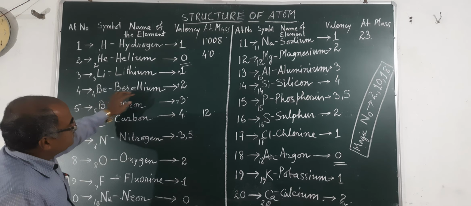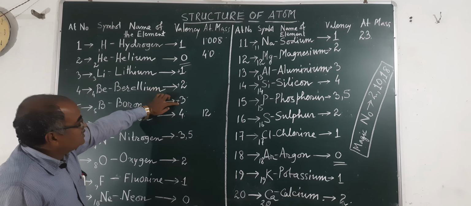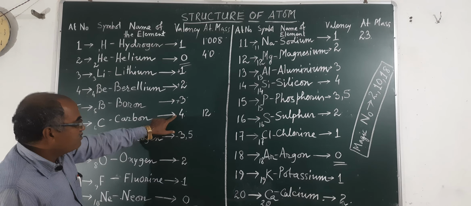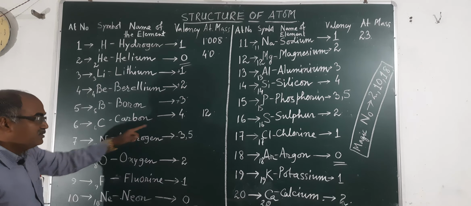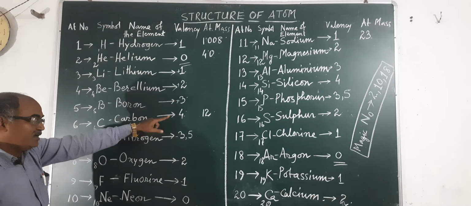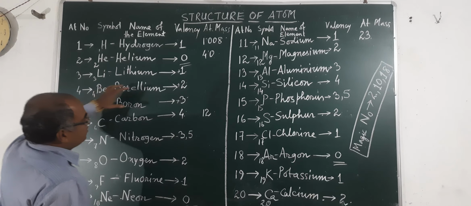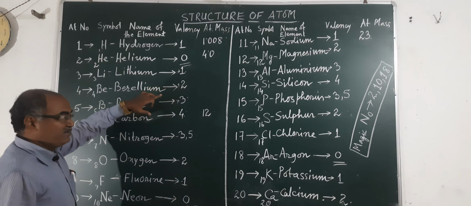So these are the valencies: 1, 2, 3, 4, and here minus 1, minus 2, minus 3, and 4 is plus minus. Carbon, however, is always showing negative valencies, as carbon has a number of properties. Whenever these are positive, then these are metals.